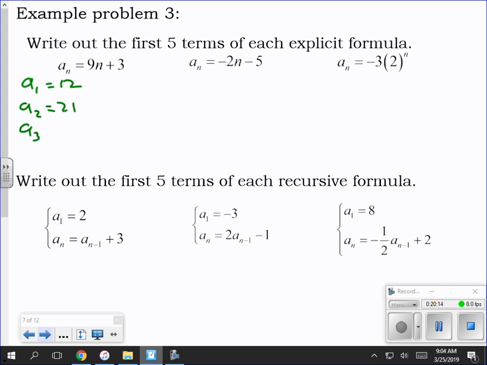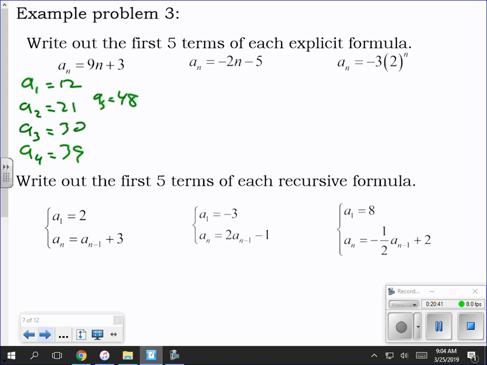A sub 3, same thing. 3 times 9 is 27. 27 plus 3 is 30. A sub 4. Take 4, plug it in there. 4 times 9 is 36 plus 3 is 39. And A sub 5. 5 times 9 is 45 plus 3 is 48.